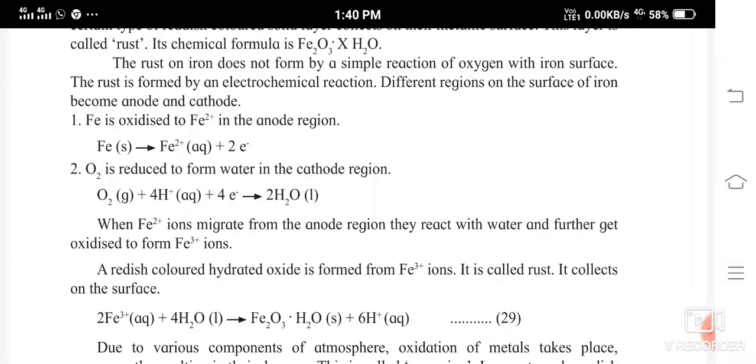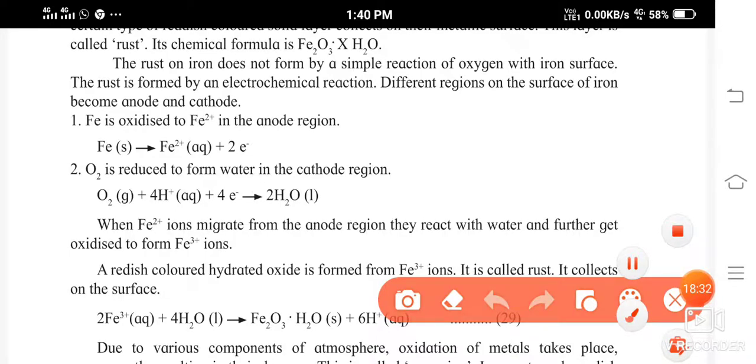So iron is oxidized to Fe2+ in the anode region. So in the anode region what happens? This Fe is oxidized to Fe2+. Oxidation has taken place because it has lost electrons, right? Oxygen is reduced to form water in the cathode region.